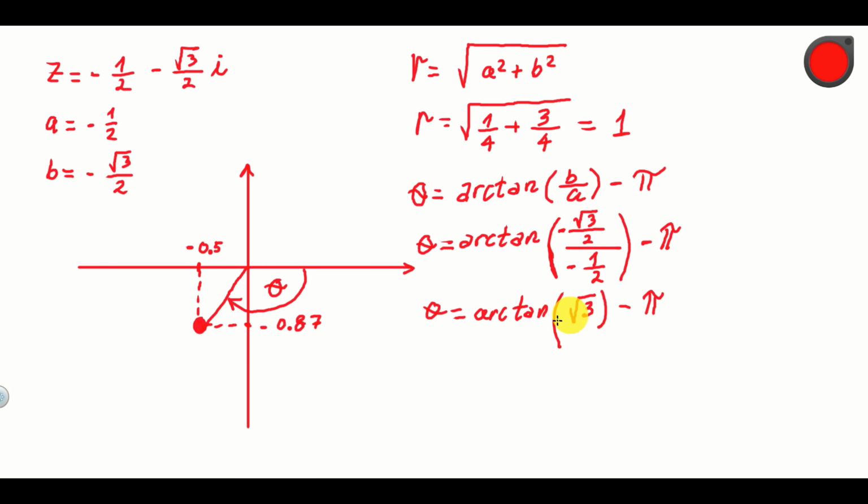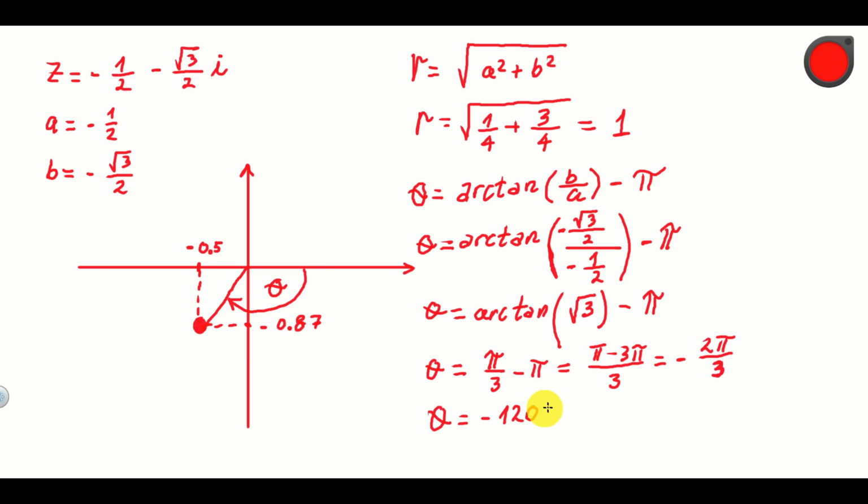Arctan of square root of 3 is pi over 3, and consequently theta is pi over 3 minus pi, and we will have over here 3 pi minus 3 pi, and this becomes minus 2 pi over 3. Good. Let's see this angle. This angle actually corresponds to the angle of minus 120 degrees.